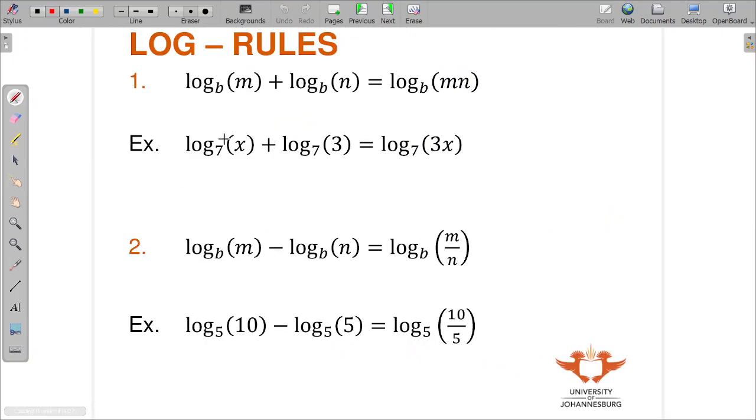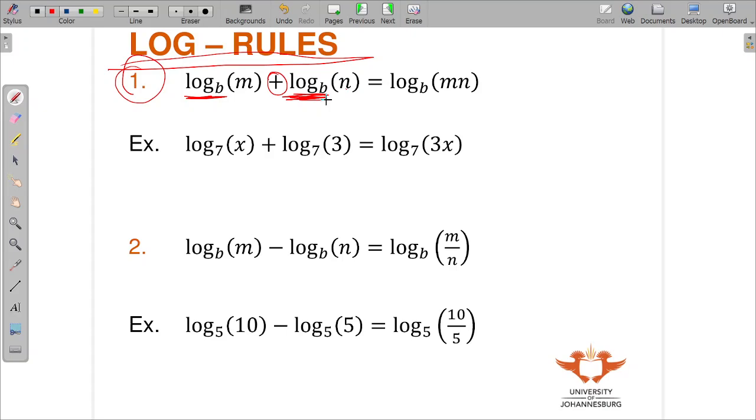All right, now we want to take note of some rules of the logarithm function. Rule number 1: if we have log m to base b added to log n to base b, don't forget these logs have the same base. You cannot do the operation without being in the same base.